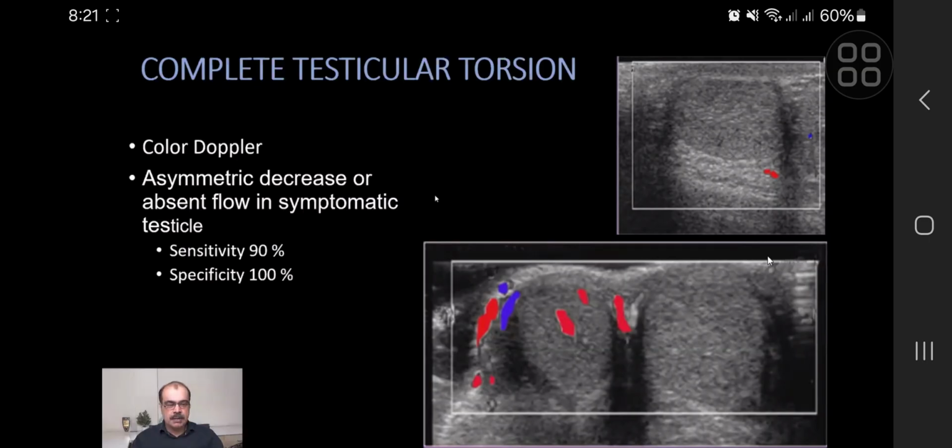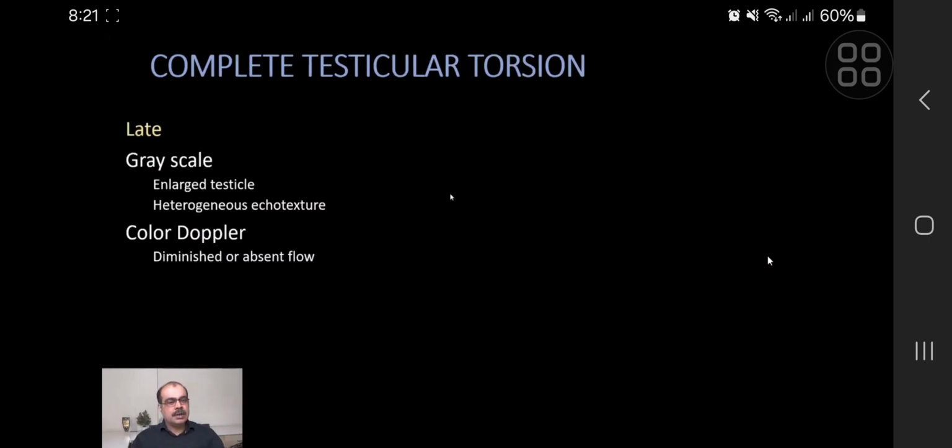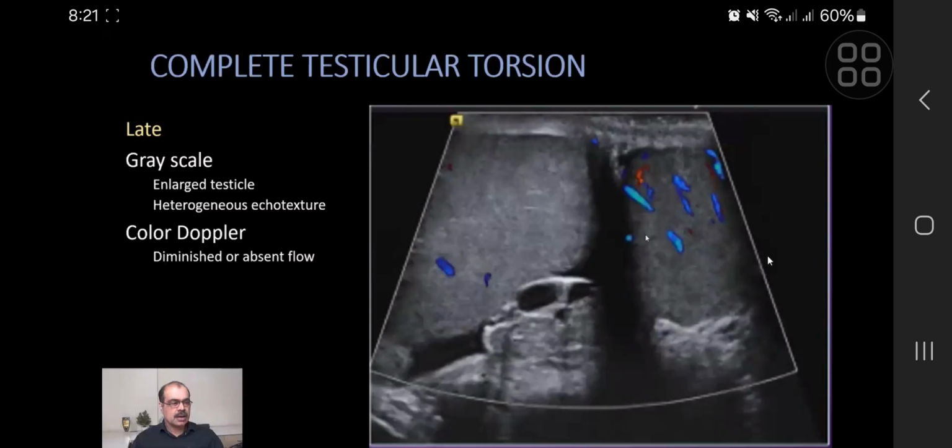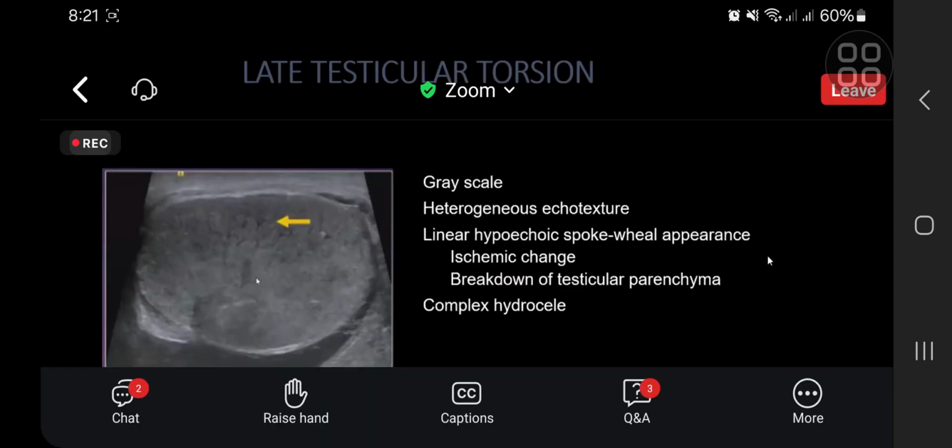And in the late stages, what you can see here is that there is now a change in the architecture, and the testis is going to be enlarging in size. You can also see that the Doppler is still diminished, and the same architectural changes occur, which results in the breakdown of the testicular parenchyma due to the ischemic changes.